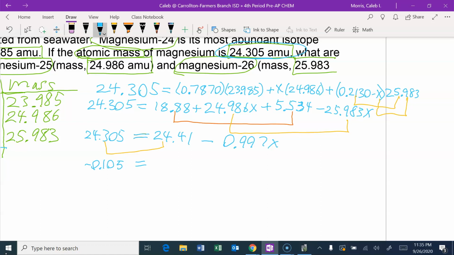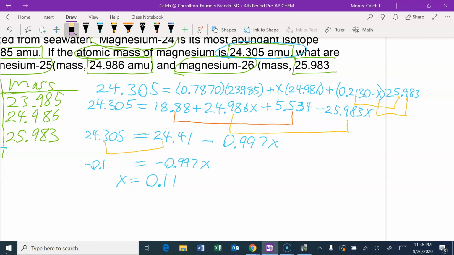And you have negative 0.997X. If I were solving for this, I need to divide by negative 0.997. What we end up with is 0.105, which rounds to 0.11 based on the significant figures.